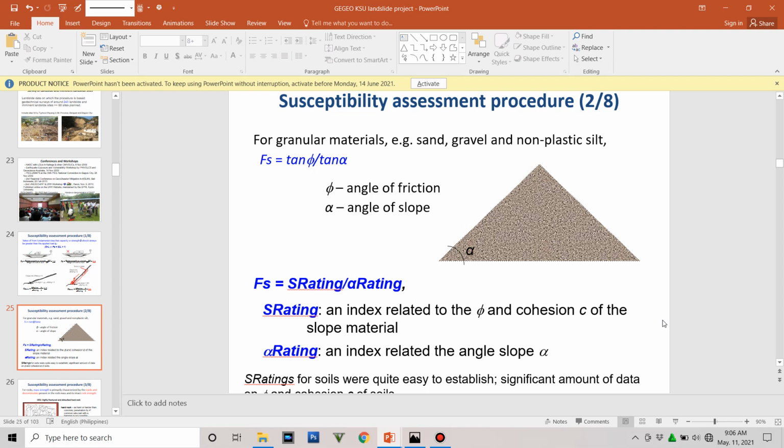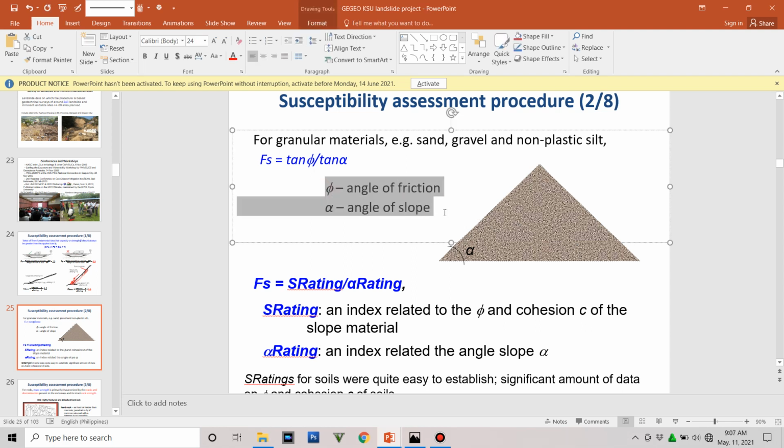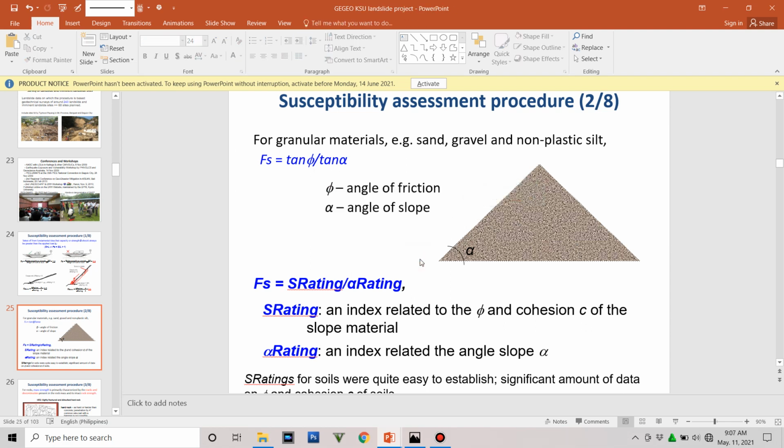And if we have a fine material, we have clay or silt. So when we say strength parameters, we are referring to the mechanical parameters.